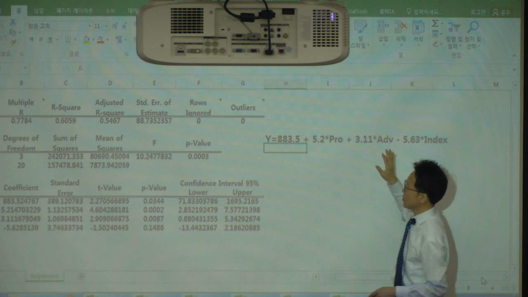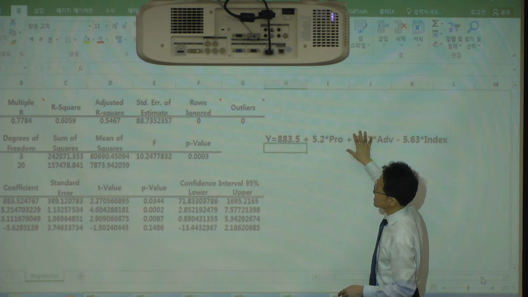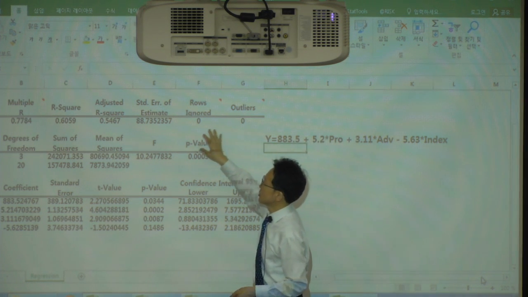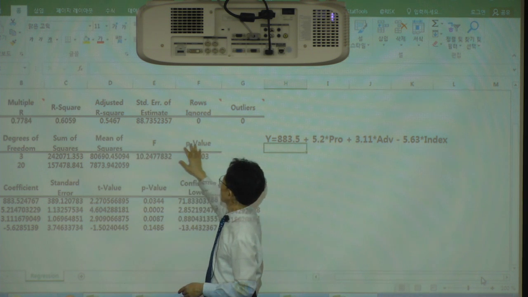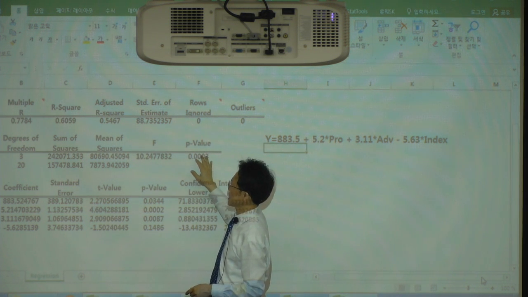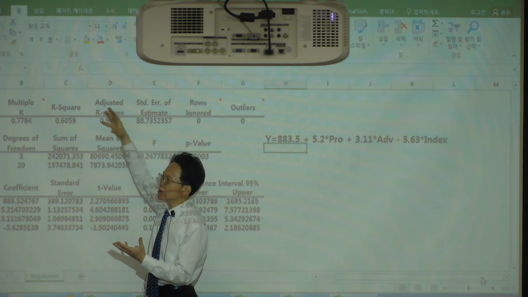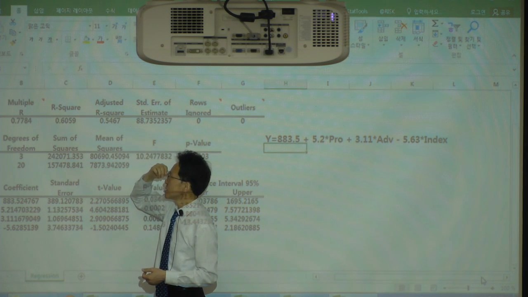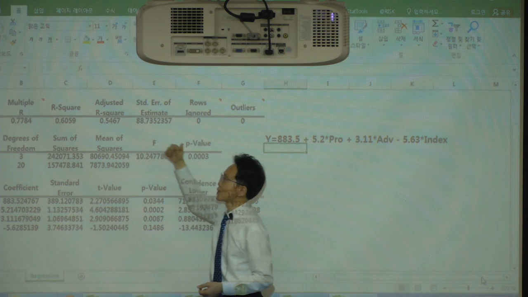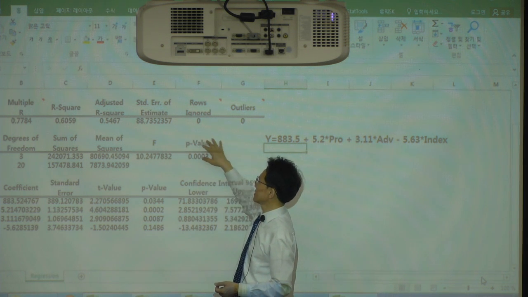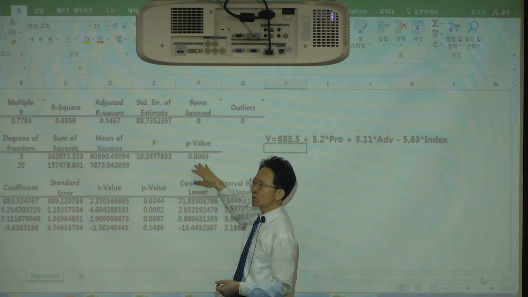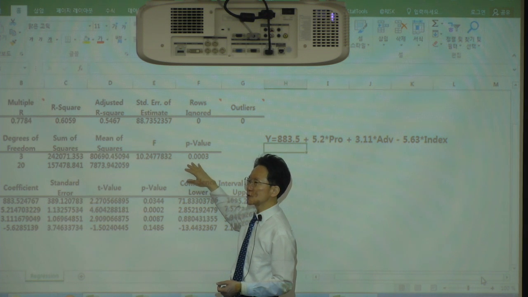And once you write that down, you might go to R square and p-value and say that, okay, the R square is 0.6. It's relatively good. But what is more relevant is this p-value, and it is very small. It is smaller than 0.01.